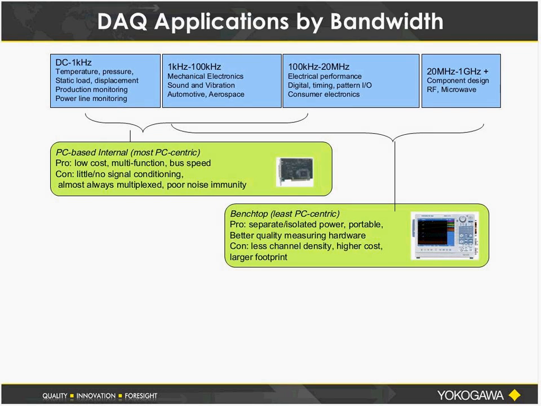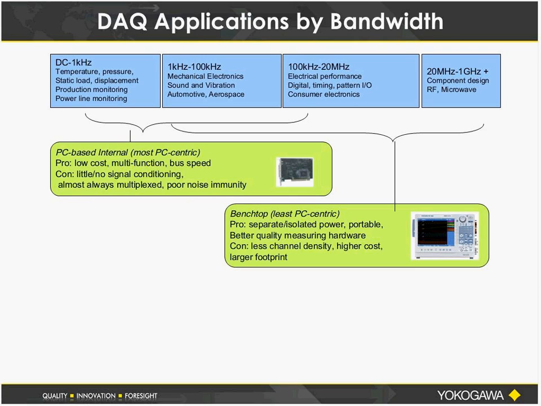But within these types of bandwidth, you'll see 2 or 3 types of instrument architectures. One of which is PC-based internal, which you'll see a lot of vendors on the market that have plug-in modules, either directly inside of a PC or inside of an instrument chassis, with the PC contained in the chassis.